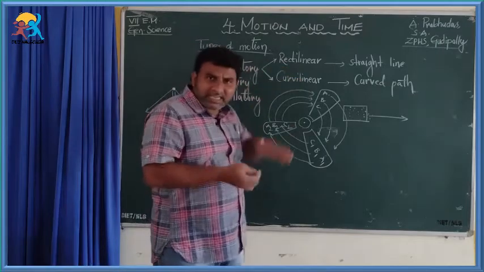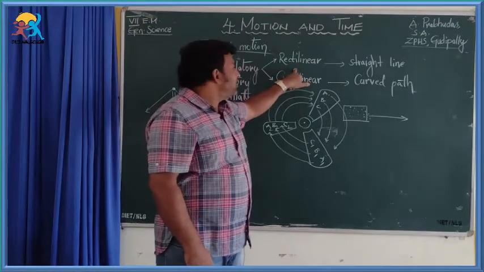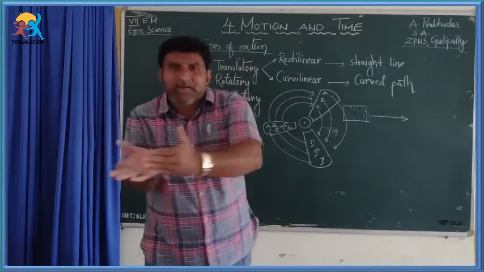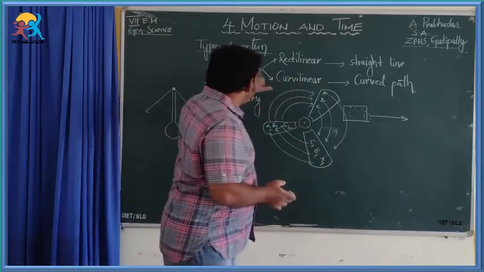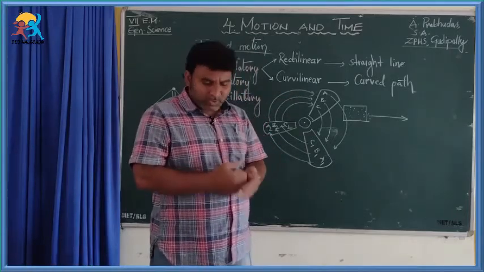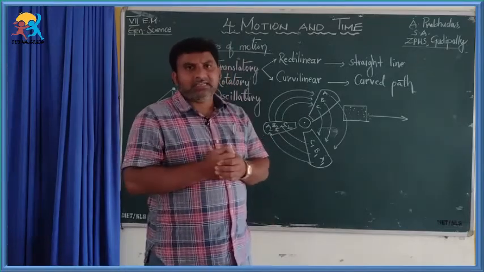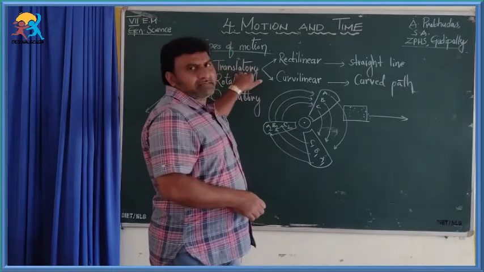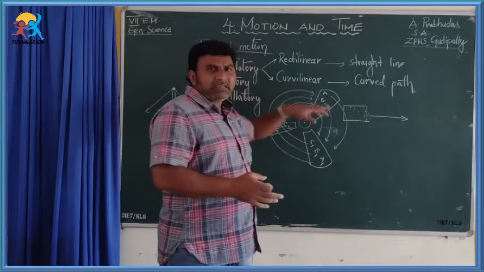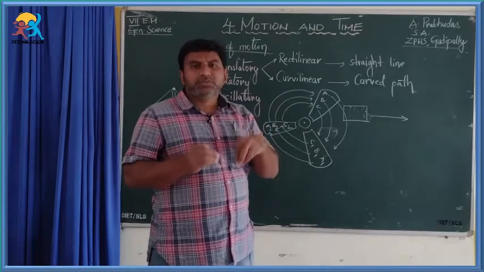If the train moves in a straight path, that translatory motion is called rectilinear motion. Or if the train moves in a curved path, such type of translatory motion is curvilinear motion. So, the answer to this question is: movement of a train on track is translatory. If you say rectilinear, it is also correct. If you say curvilinear, it is also correct, but the direction should be mentioned.